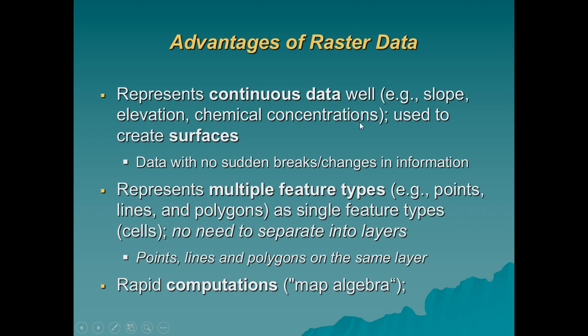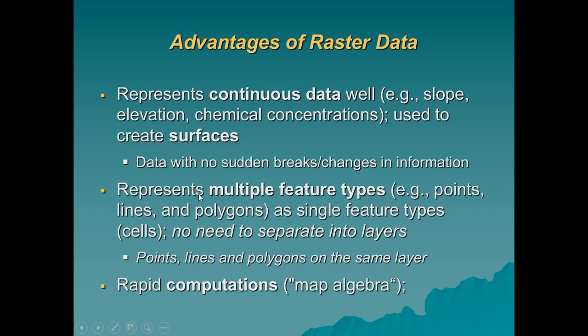Imagine if you have a chemical spill in the water that diffuses and spreads from your point of origin. What we're saying is, if you use the raster data representation, you don't have any breaks in the information about your chemical concentration. You don't have a sudden disruption in information across that space.